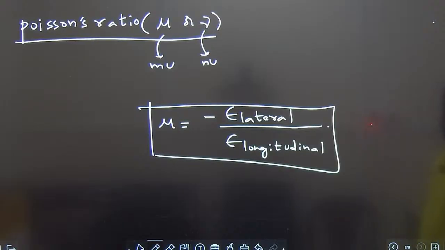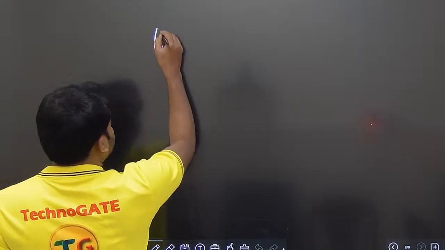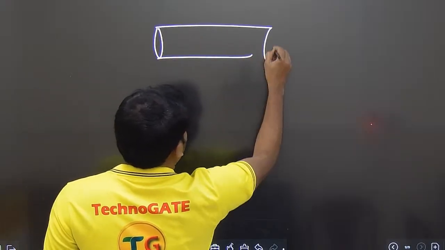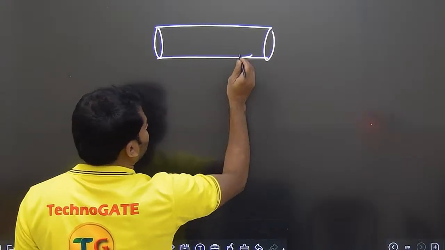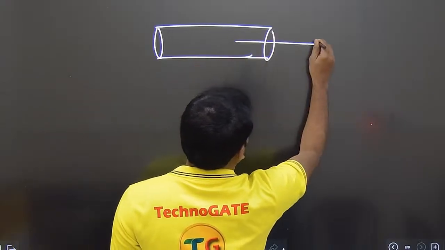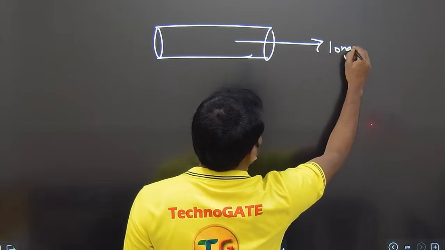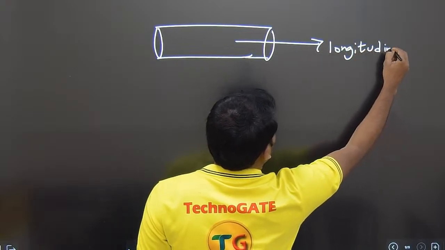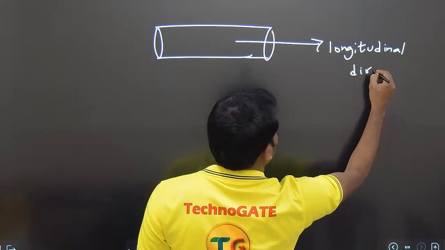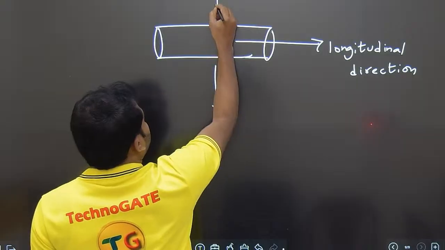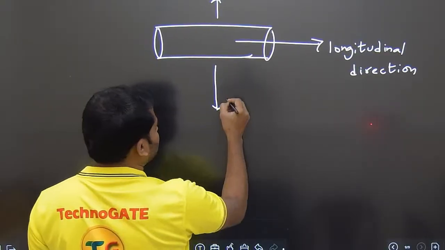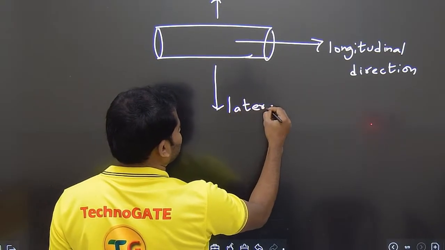I believe you have copied this. Listen carefully here. You take a member. Generally the longitudinal direction is this one, because the direction with the highest length is called the longitudinal direction. The direction perpendicular to it is the lateral direction.